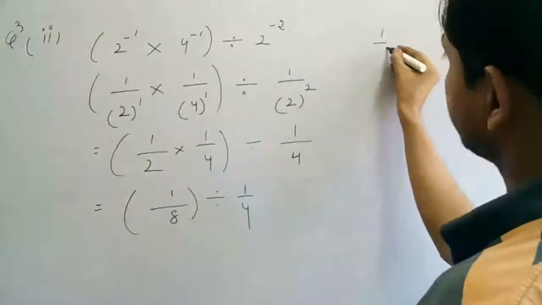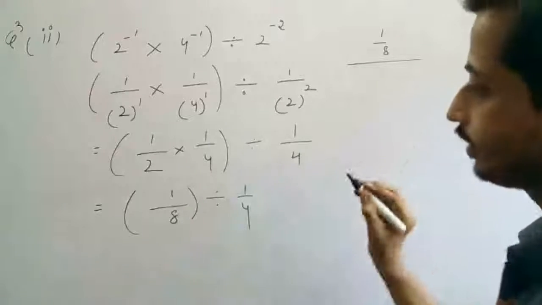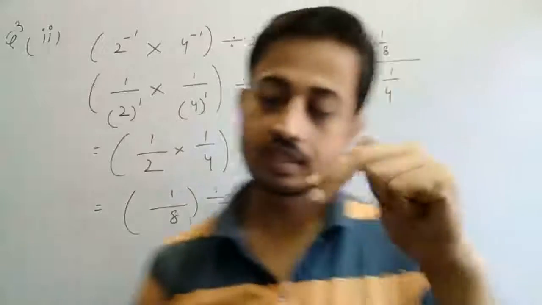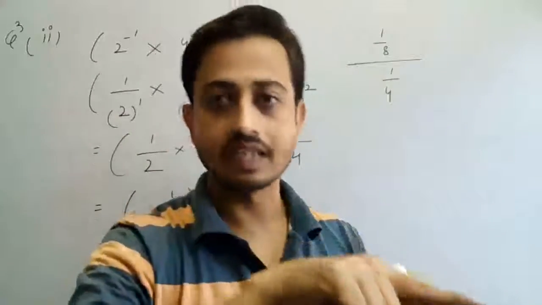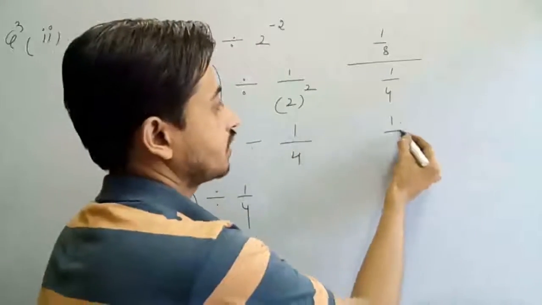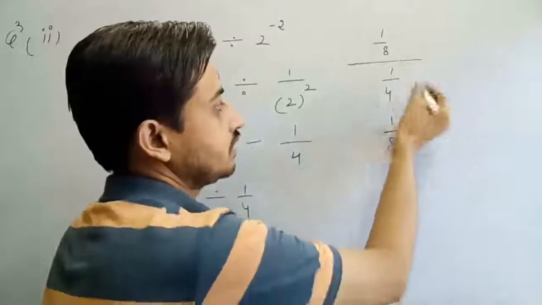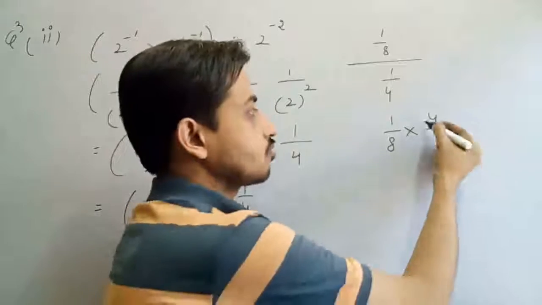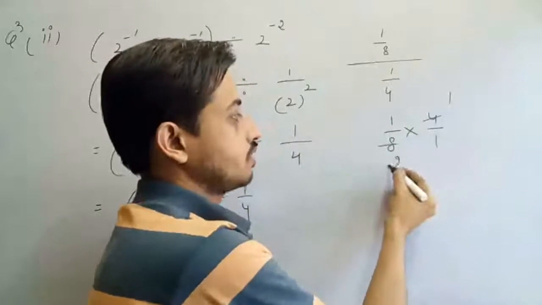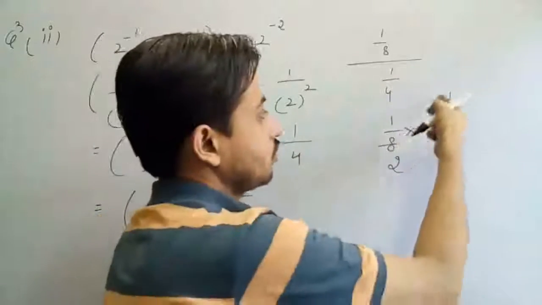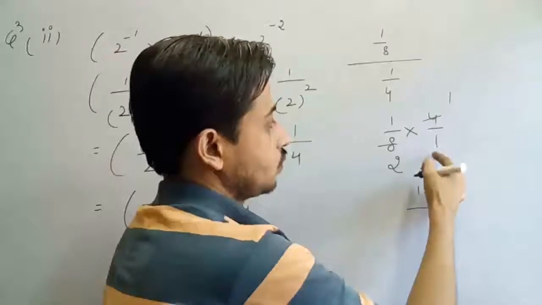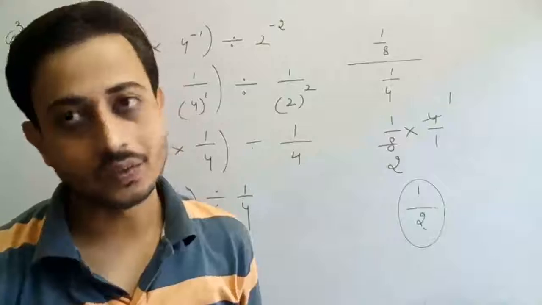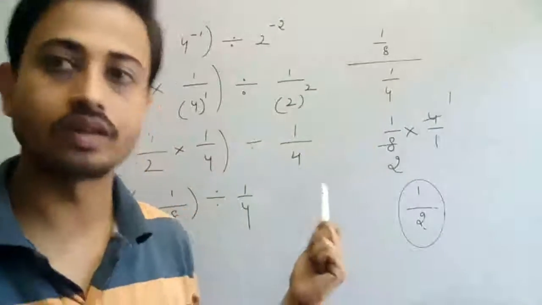Write 1 by 8 divide 1 by 4. And you know if the terms in the denominator it gets reciprocal. So we get what? 1 by 8 multiply it gets reciprocal 4 by 1. Now you can cancel out 4 1s are 4, 4 2s are 8. Now 1 into 1, 1 and 2 into 1, 2. So the answer is what? 1 by 2. So please make a note.